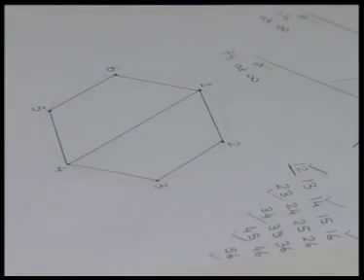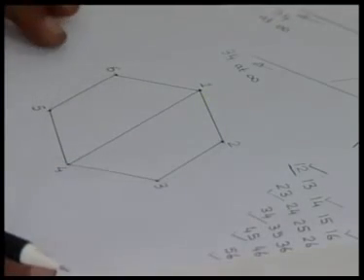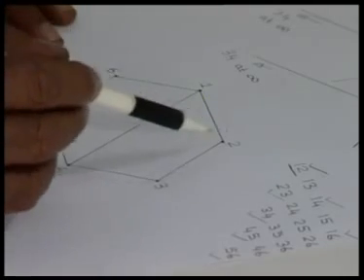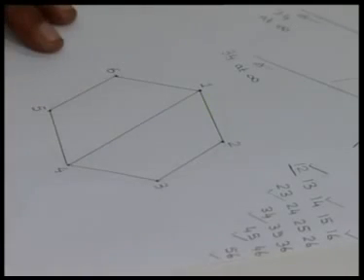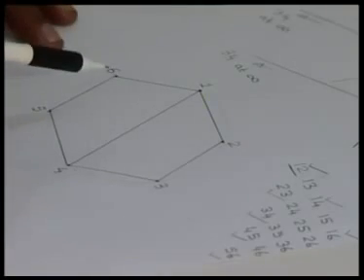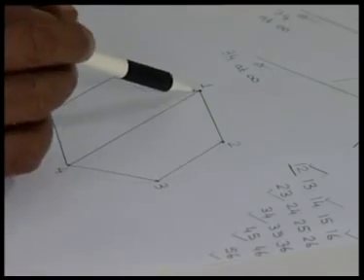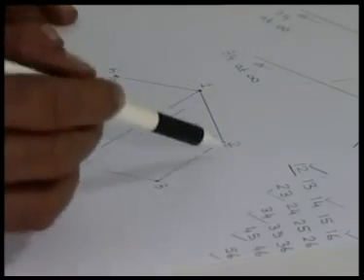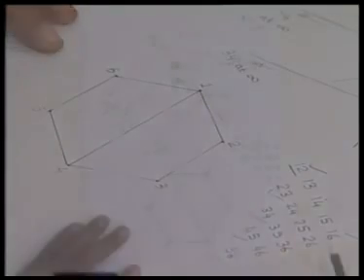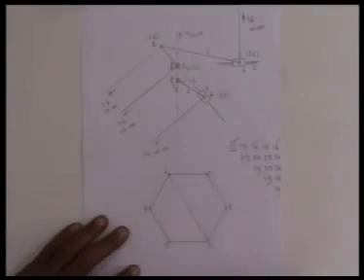Now, to apply the Aronhold-Kennedy theorem systematically, we should consider a quadrilateral in this figure. For example, I have already completed the quadrilateral 1, 2, 3, 4. All the 4 sides are known. Then the diagonals of this quadrilateral can be decided at the second stage.